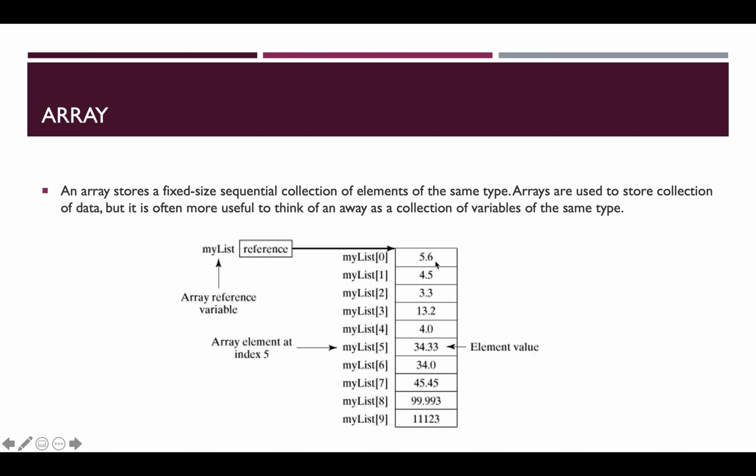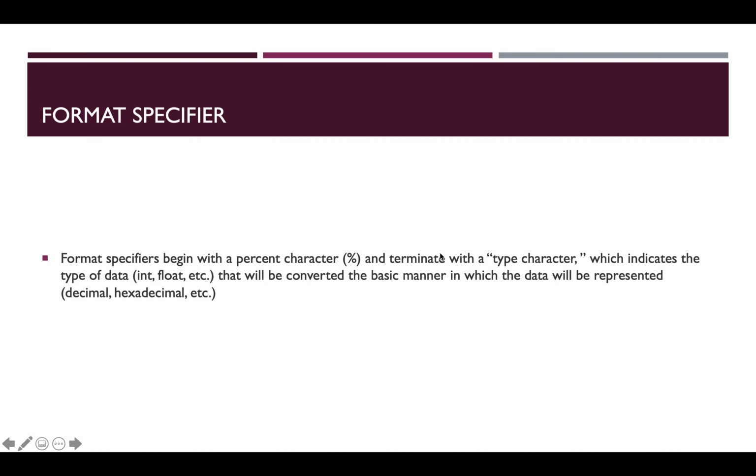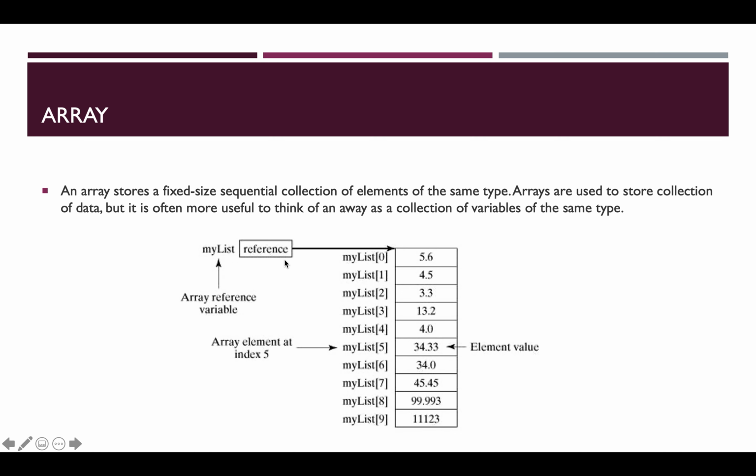But I think it's a better way to look at it with pictures. In this case, this is memory. In memory, we have an array, myList, and it contains 10 spaces. All of them are going to be double, as you can see. You can't have different types like int, string, double. No, it has to be all the same, and they're grouped in memory consecutively, so they're all together in memory.